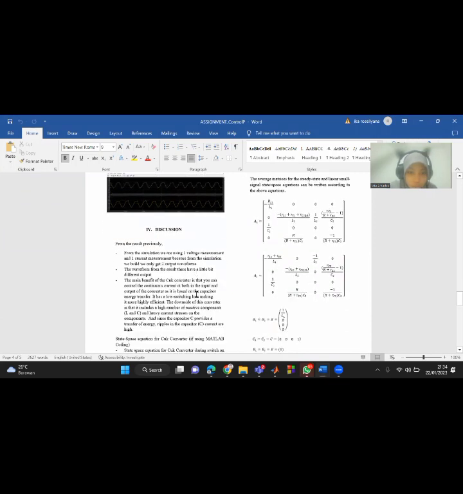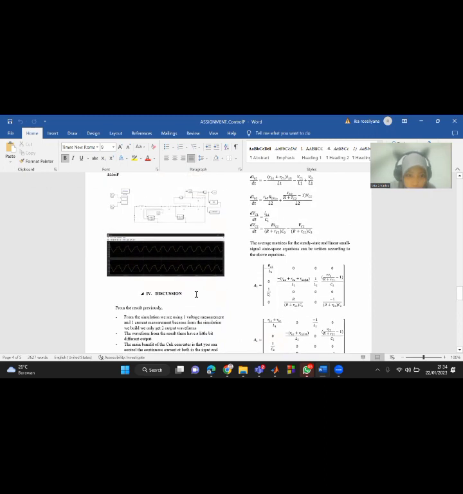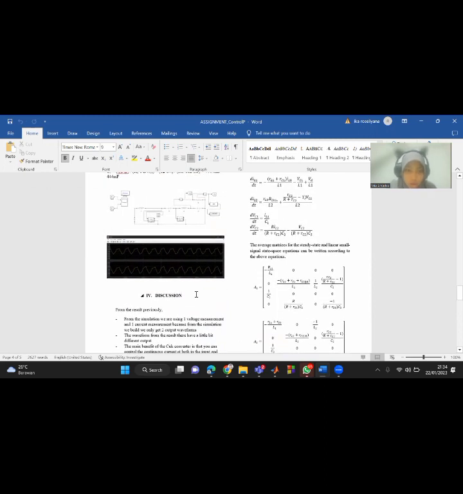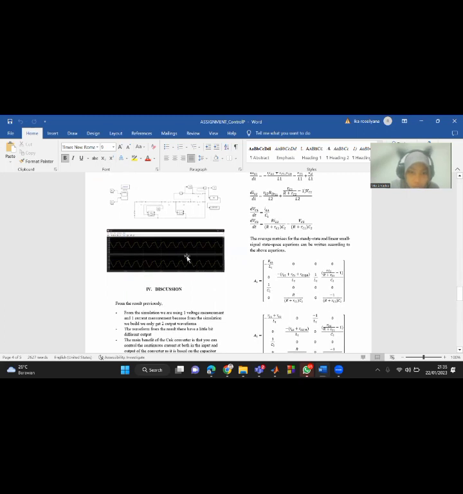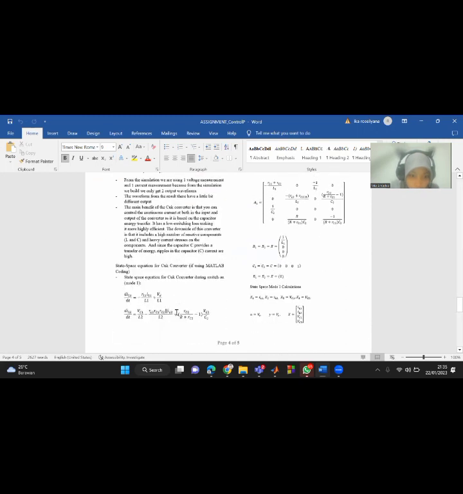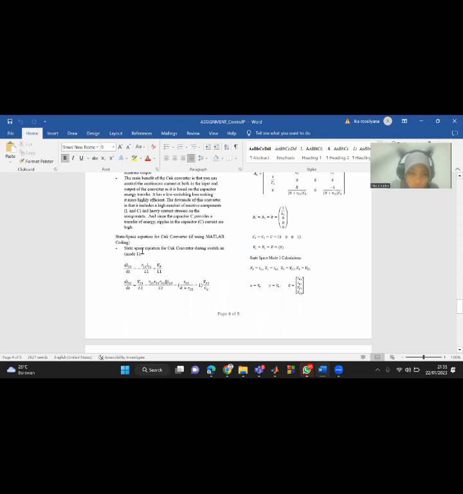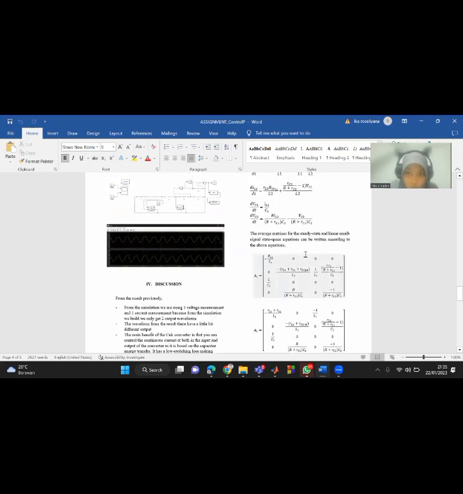For the discussion, from the simulation we get output of only 2 waveforms, one for voltage measurement and one for current measurement, and they are just a bit different. Another method that we can use is MATLAB coding, and this is the calculation.